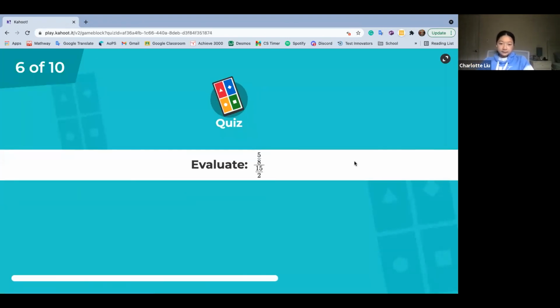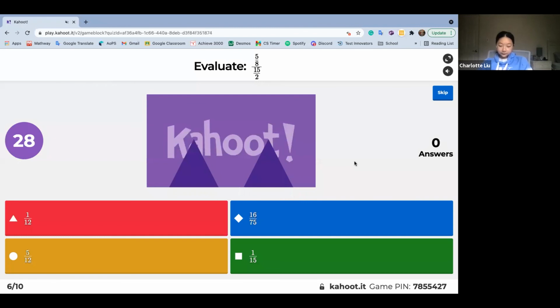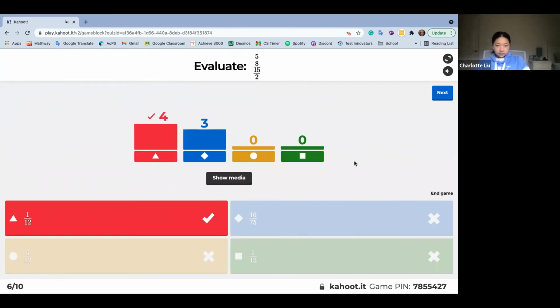Next one, evaluate 5 over 8 over 15 over 2. The answer was 1/12.